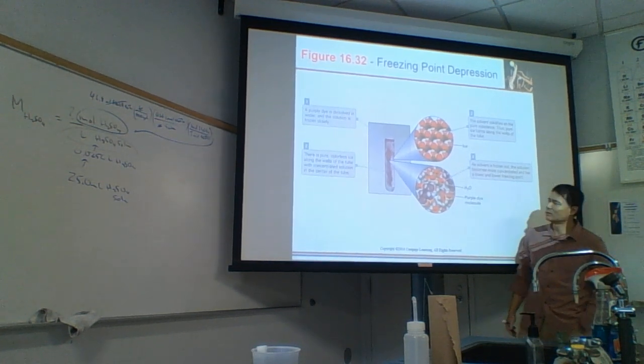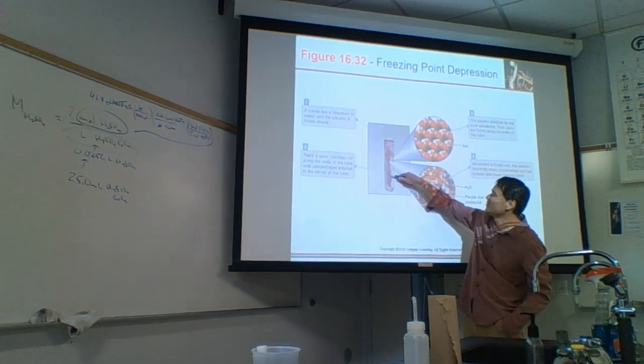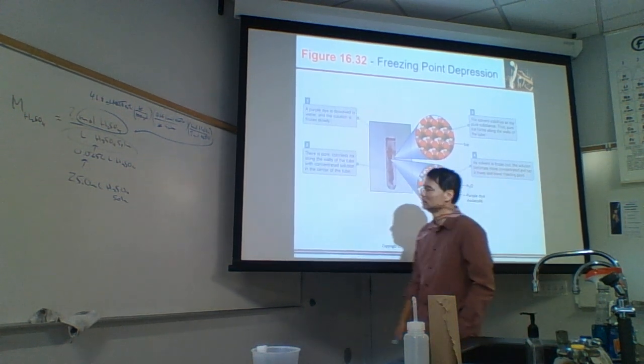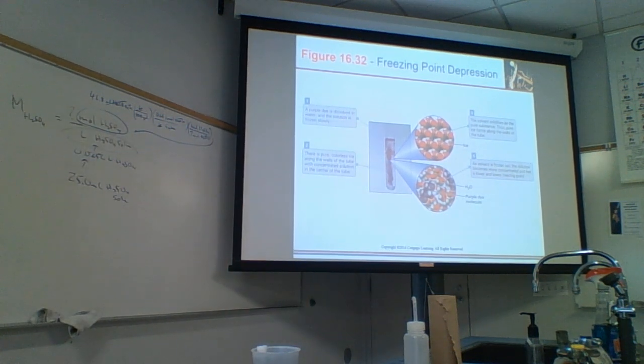The freezing point gets colder and colder because as ice crystals form, there's less and less liquid solvent. The ice freezes as pure crystals, so we don't get a frozen mixture. When you try to freeze a solution, the water freezes out, leaving the solute behind.